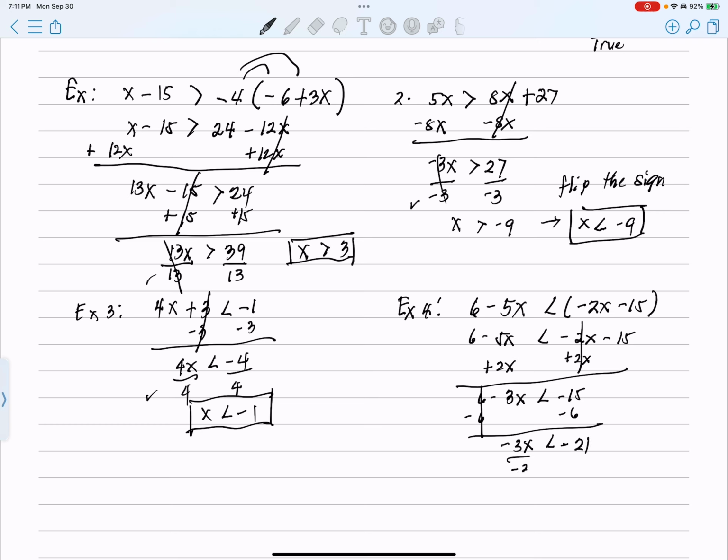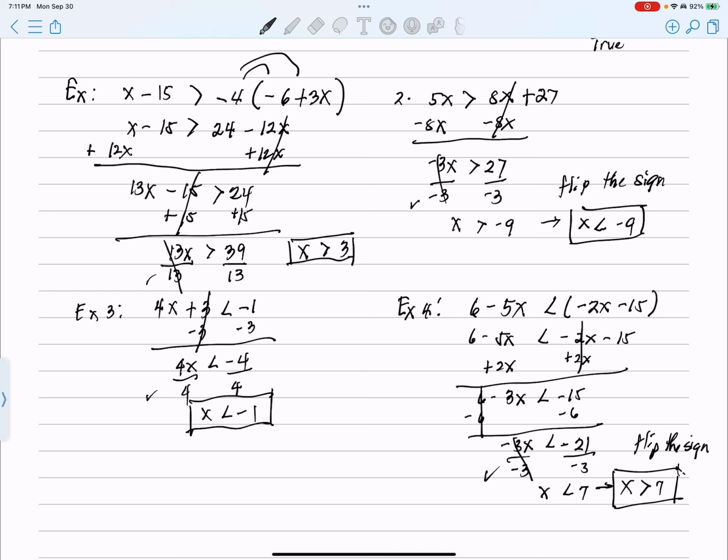So we divide by negative 3. X would be less than 7. Is this the final answer? No, because we divide it with a negative denominator. So that means we have to flip the sign. So the x would become x greater than 7. And this is the final answer.